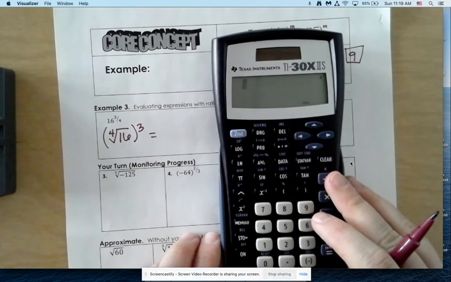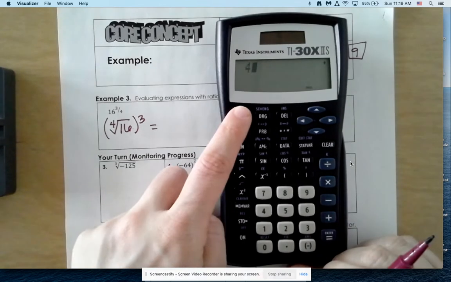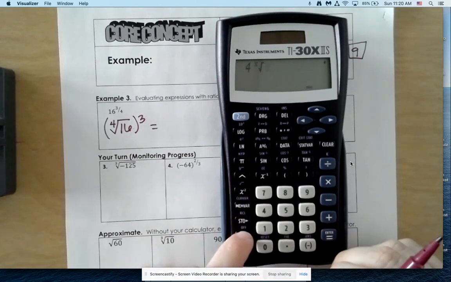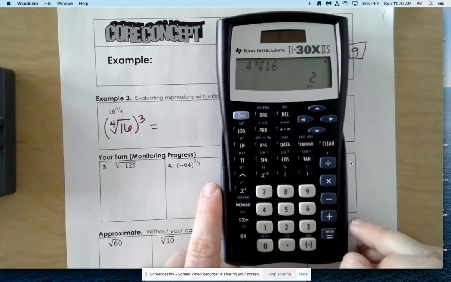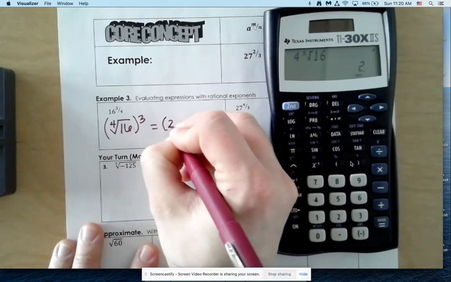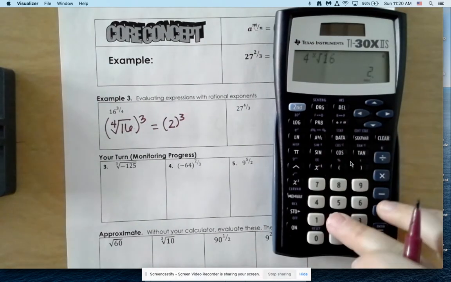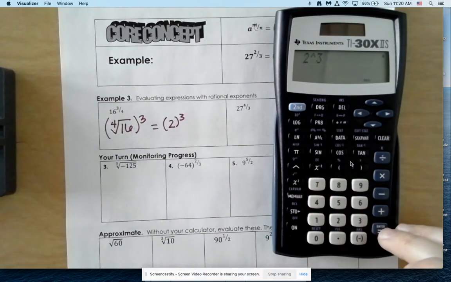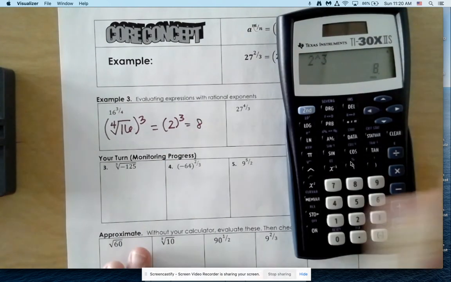In your calculator, you're going to hit 4, second, up arrow, 16, hit equals, and it's 2. And now we have to cube that, folks. So 2 to the power of 3 is 8. Done. Check.